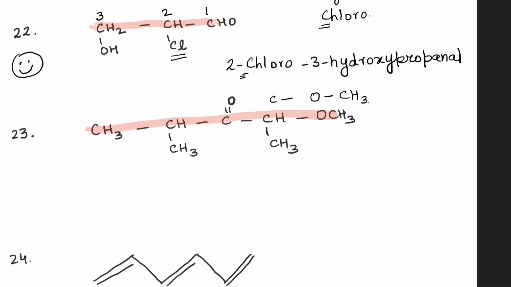That means this chain is no longer the longest continuous chain of carbon atoms. So we need to look at the molecule differently and figure out which will be the longest chain for us. So yes, we have here 1, 2, 3, 4, and there we go, 5.